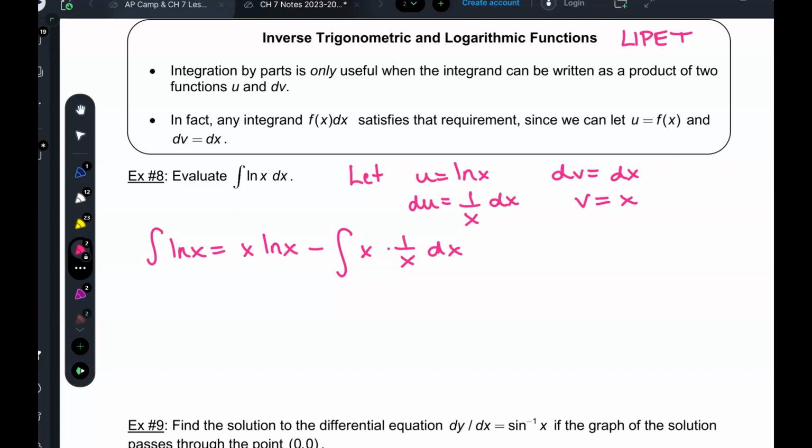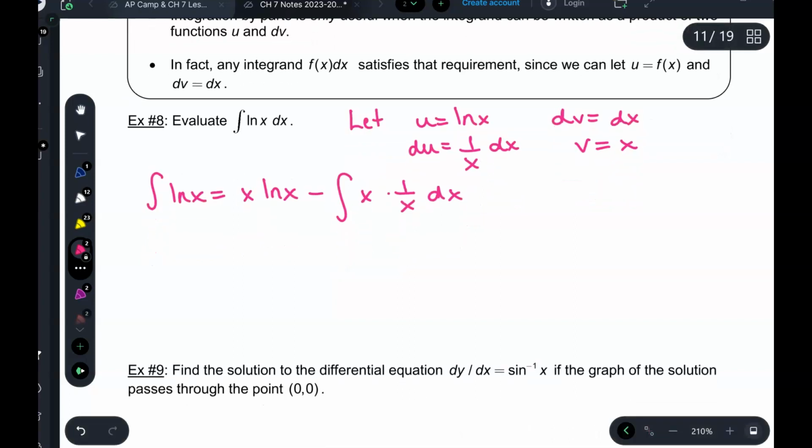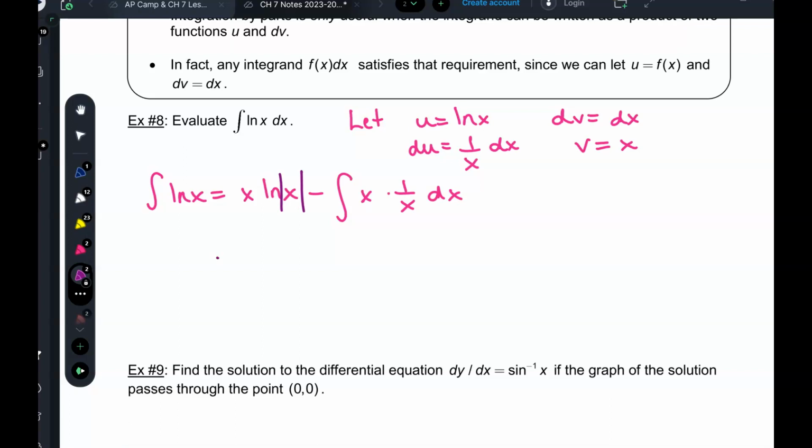One thing I'm going to add in here, though, I'm going to put absolute value around the natural log. So x natural log of x plus c, because you're just integrating 1. So that's actually the rule for the integral of natural log of x. Some teachers just have you memorize that one, but you could easily do it with integration by parts.